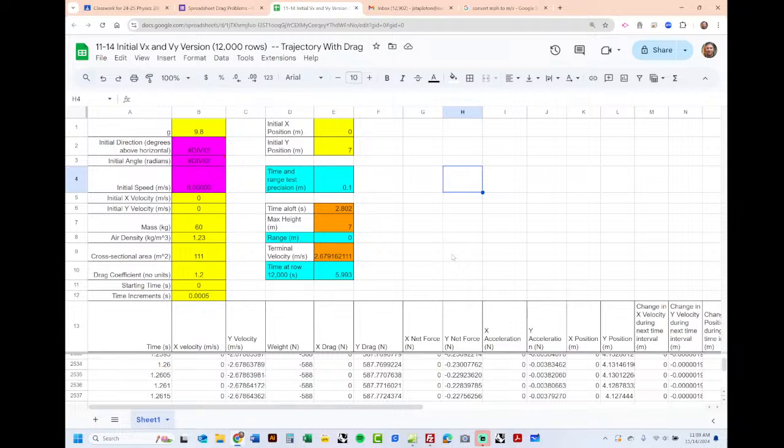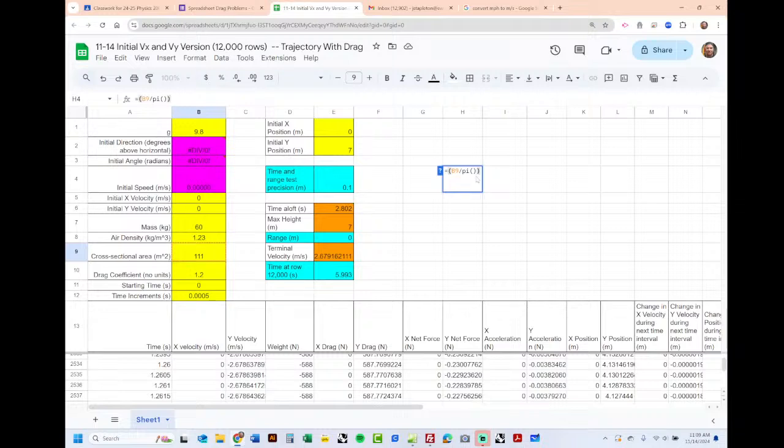So the area of this, assuming that this is a circle, is pi r squared. And pi r squared equals 111. So I want to find out what r is, and I'll get the diameter from that. So I'm going to do equals 111 divided by pi, and then I'm going to take the square root of all that.